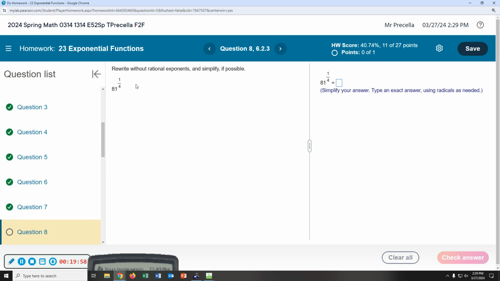Rewrite without rational exponents, and simplify if possible. I think this one we'll be able to simplify. This is number 8. 81 to the 1/4 power.